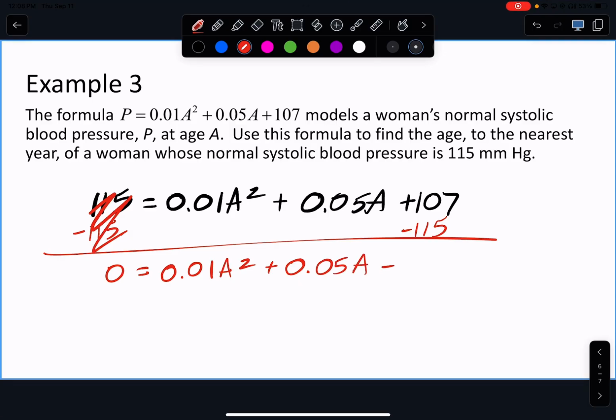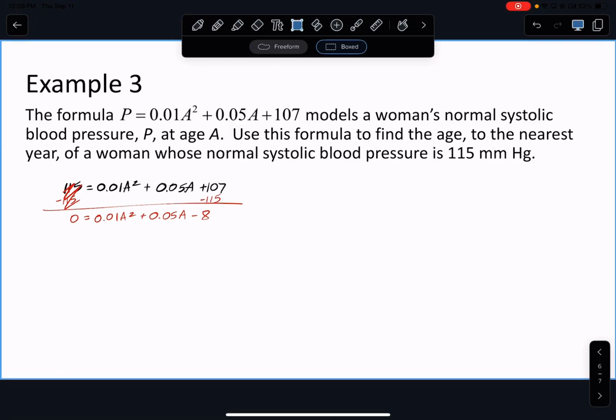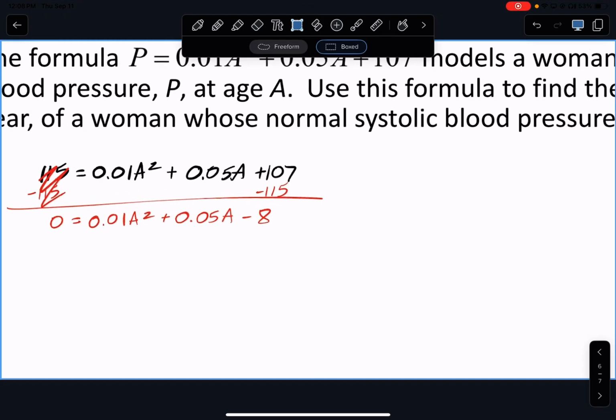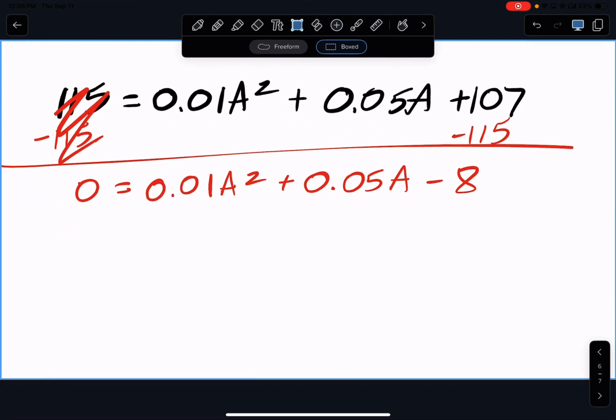And then this is going to be minus 8. Now, am I going to be able to factor that? Probably not with all those weird decimals, right? So what strategy do I have to use? Quadratic formula.